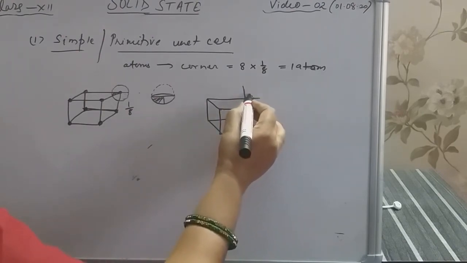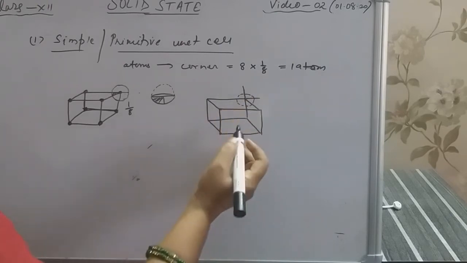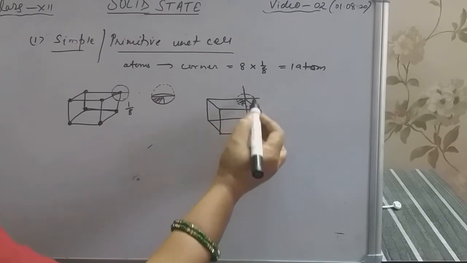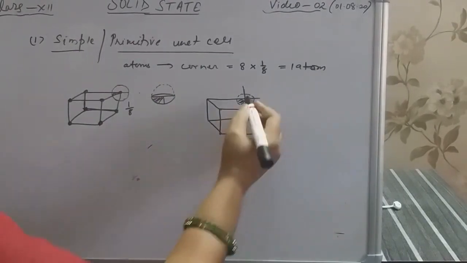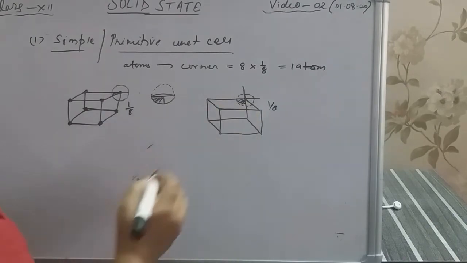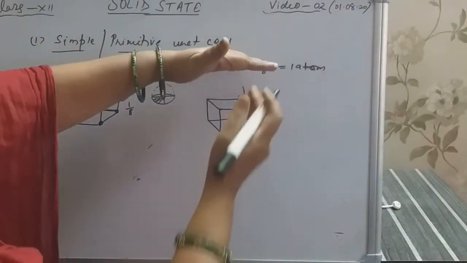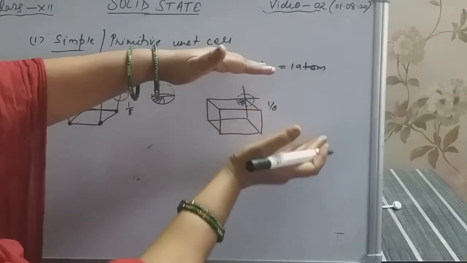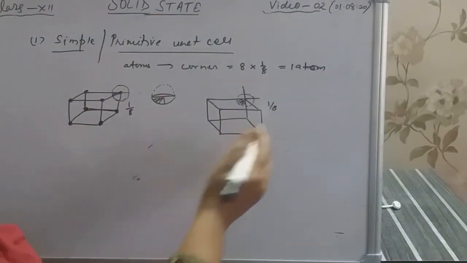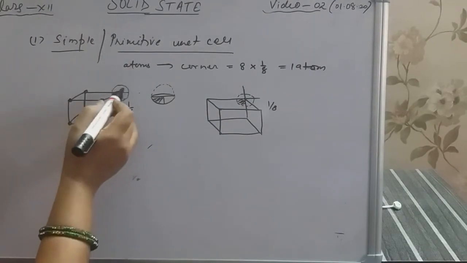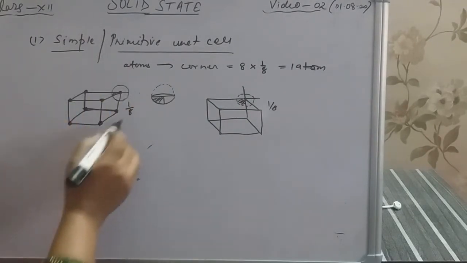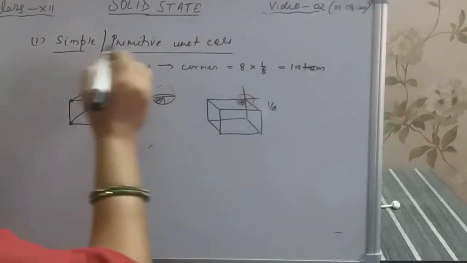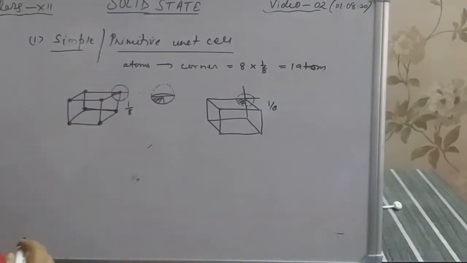How much does this particular atom contribute to this cubic unit cell? It is only 1 by 8. One unit cell is above here, one above here, one above here, one below this, one below this. The total contribution of one atom at this corner is 1 by 8. So total corners are 8, so the total number of atoms present at the corners in a simple unit cell is 1 atom.